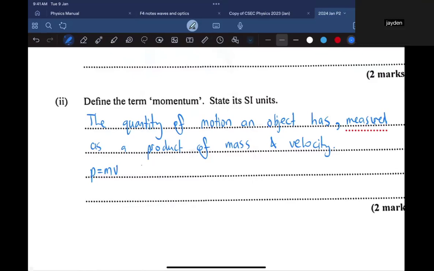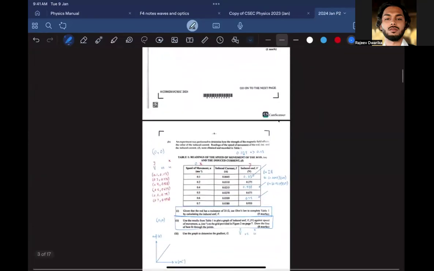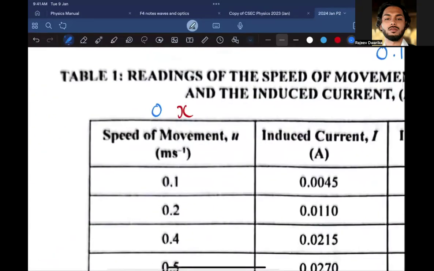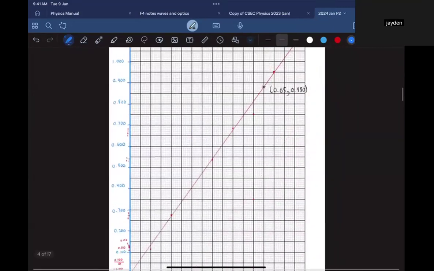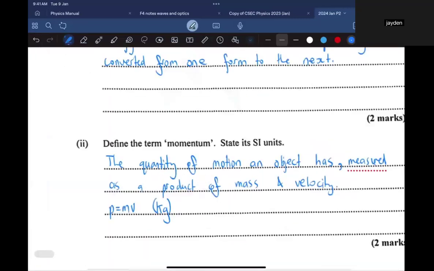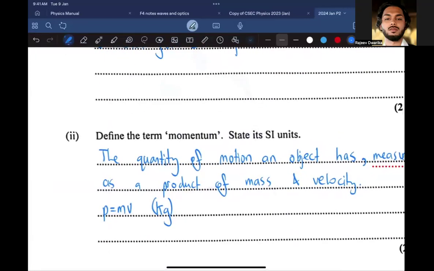Oh, and what do we measure velocity in? Velocity is speed. You would have seen that in the previous question. What do we measure speed in? In meters per second, right? ms minus 1. Yes. So if they ask you for the SI units for momentum, it's just kg multiplied by ms minus 1. Kg ms minus 1.